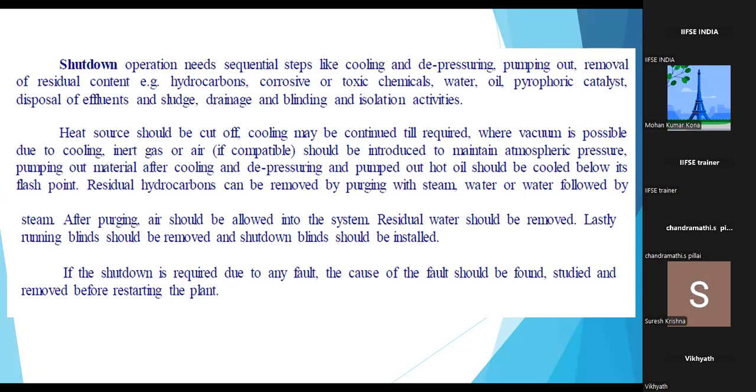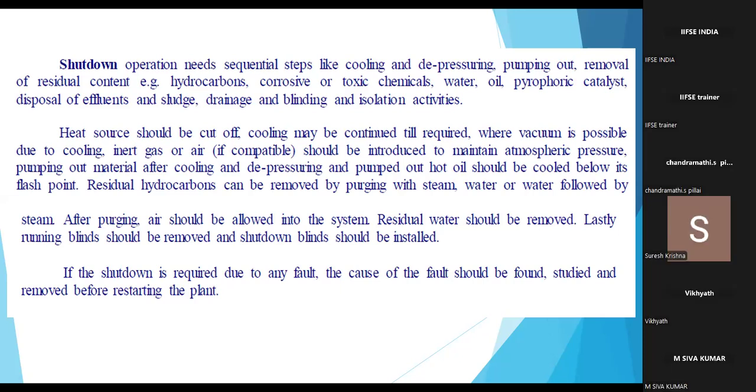To remove those hydrocarbons, we use hot water or steam under purging conditions. For example, if the hydrocarbons are highly flammable in nature and I do it directly, the evaporation increases, it may lead to an accident.